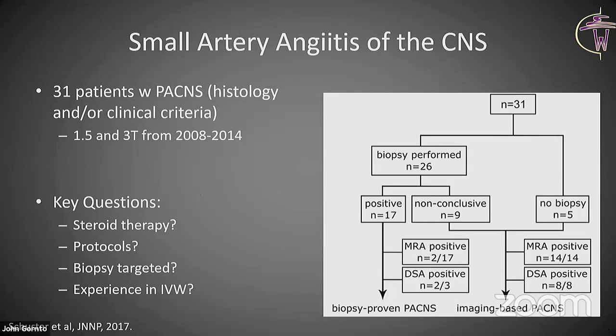It wasn't clear whether these biopsies were targeted or random, and also the experience of these people in terms of looking at vessel wall imaging. There is a steep learning curve in this evaluation, especially if you're not used to seeing small artery vasculitis and perivascular enhancement, and being aware of that and not just looking at the large arteries. Those are some important points to take home. I don't know the answer to these questions, but those are just some questions in regards to the study that they did.